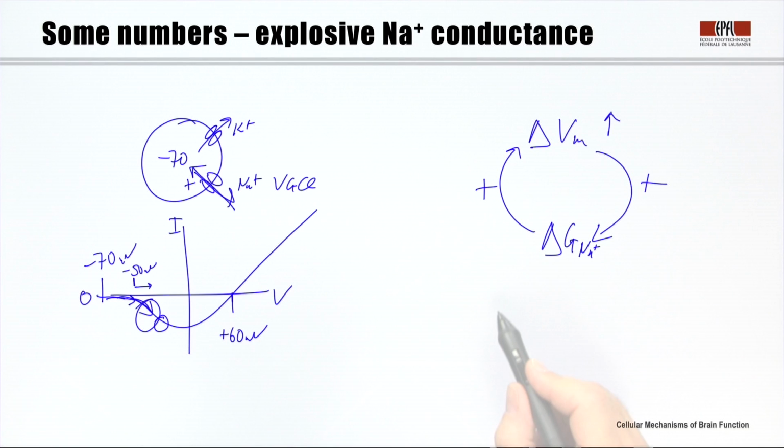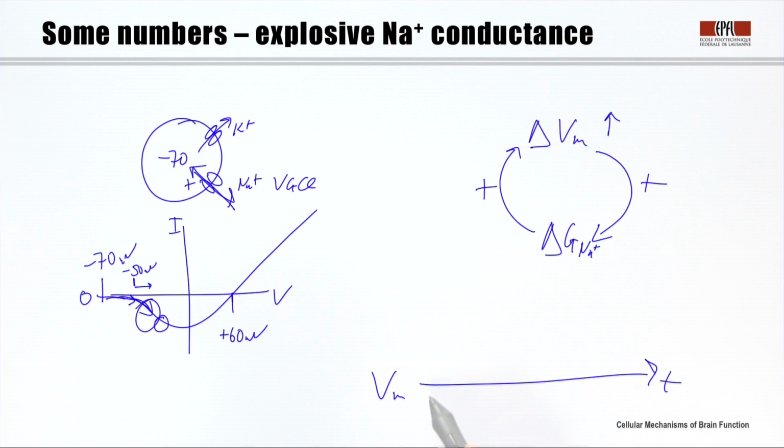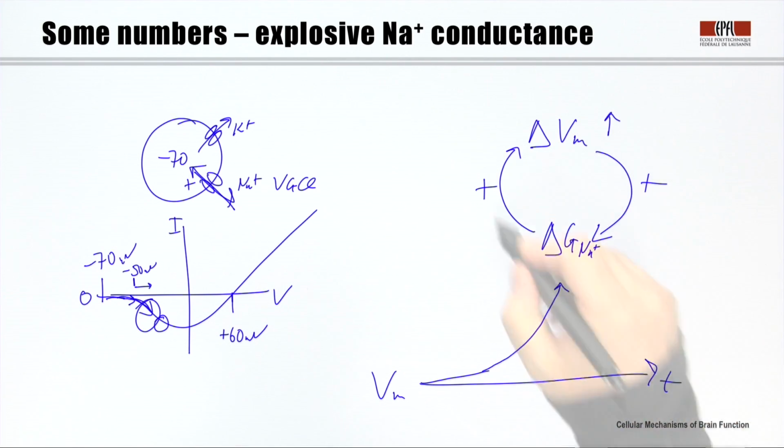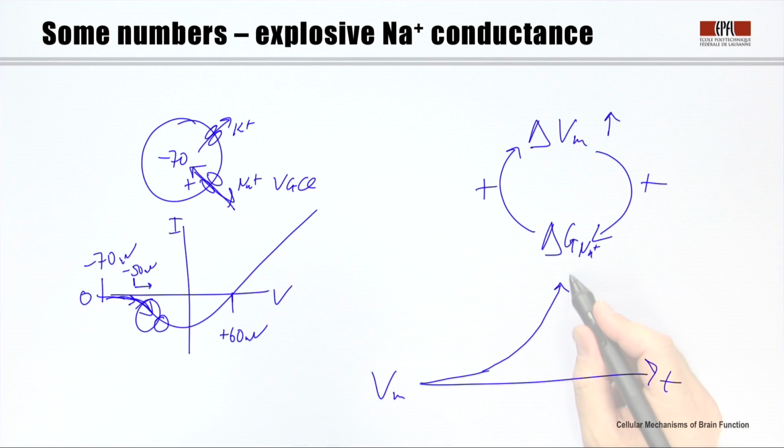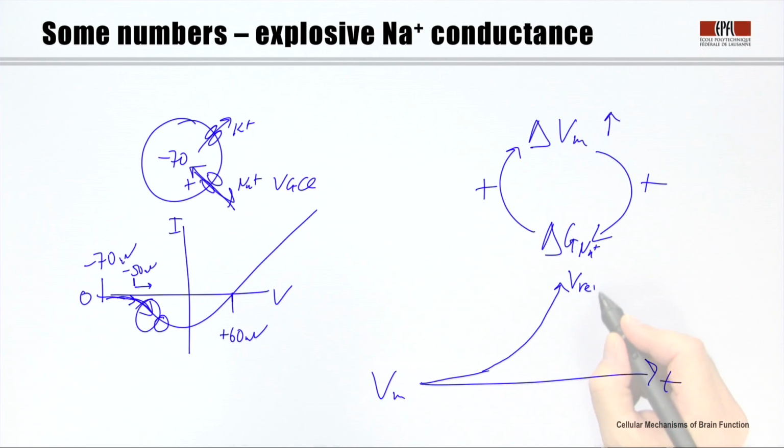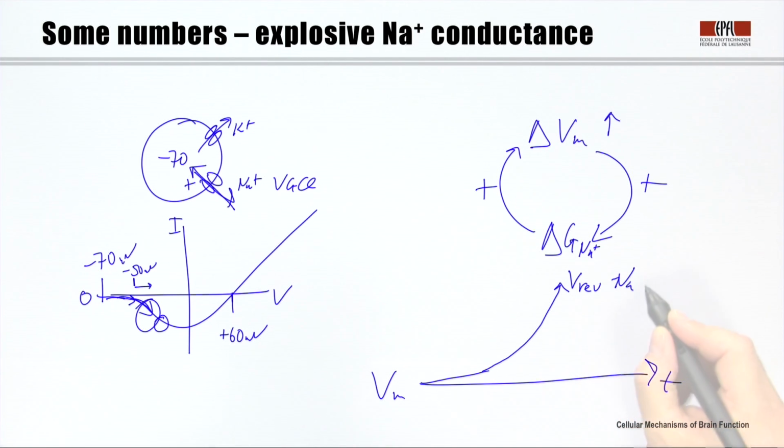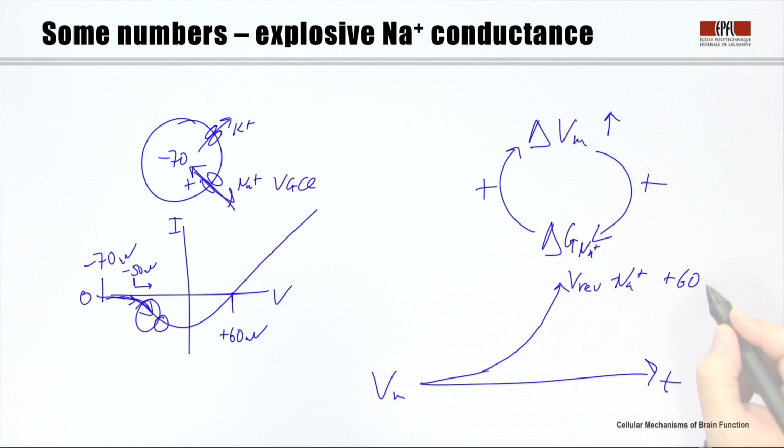depolarizing the cell. And if we think about membrane potential with respect to time, we depolarize it a little bit, and suddenly the voltage-gated sodium channels begin to participate, and we're in this explosive situation where membrane potential has this positive feedback loop that takes us towards the reversal potential for sodium, somewhere around plus 60 millivolts, depending upon the strength of the leak conductances.